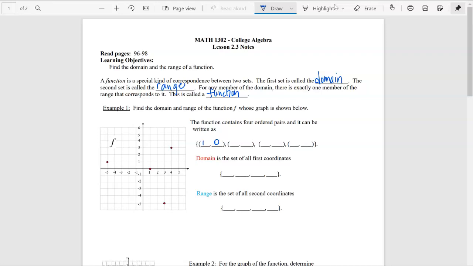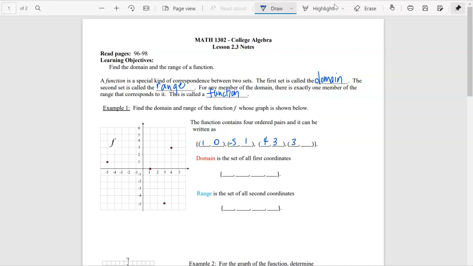This point right here would be -5: we walk to -5, go up to 1. This point up here, we would go to 4 up to 3. And this point down here, we would walk to 3 and go down to -5.